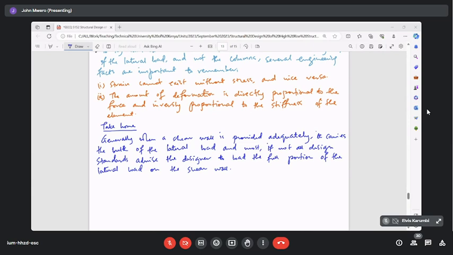If you're designing by hand, or doing computer-aided design, like what we're trying to do as part of this course, you'll find that the software will use these two truths that we have mentioned here to apportion the proportion of the lateral load that goes onto the shear walls and the portion that goes into the columns.